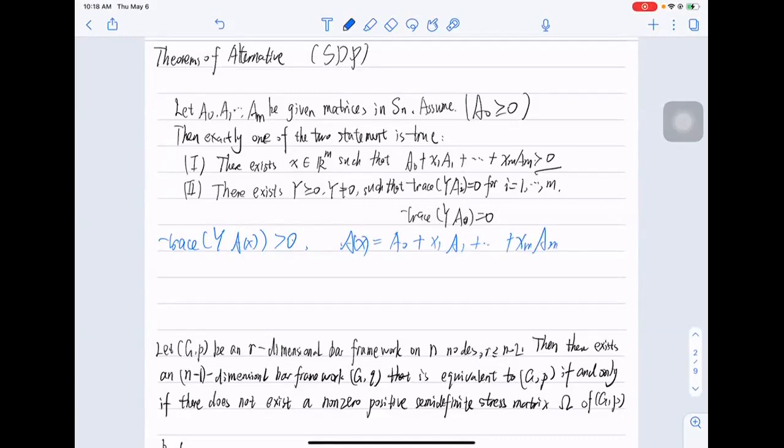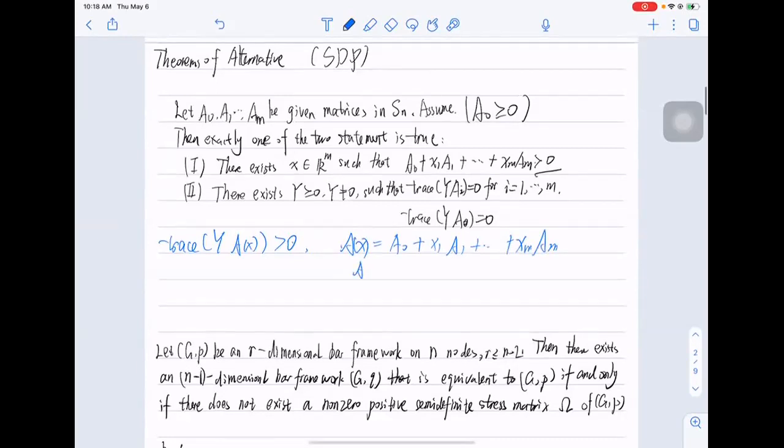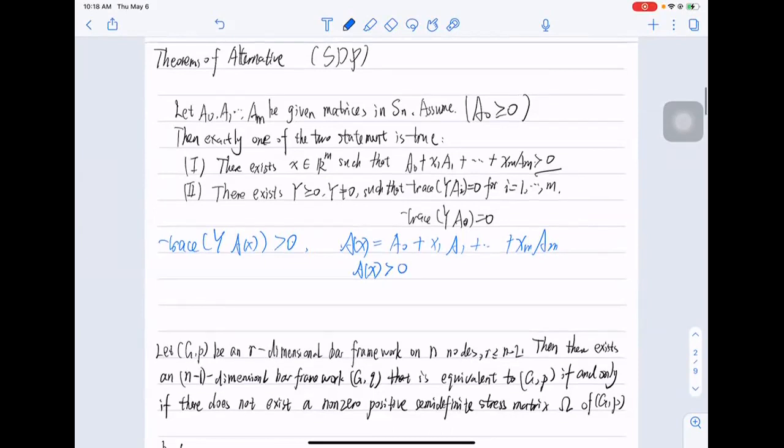If 1 is true, then A(x) is strictly positive definite. Therefore, if y is positive semi-definite and non-zero, the trace of y A(x) is positive.